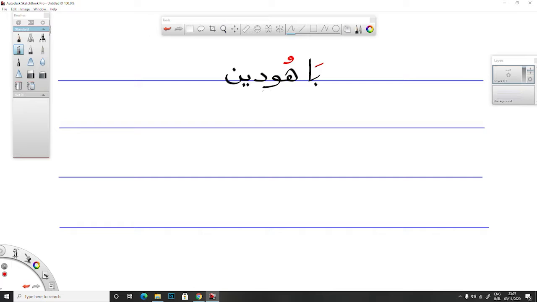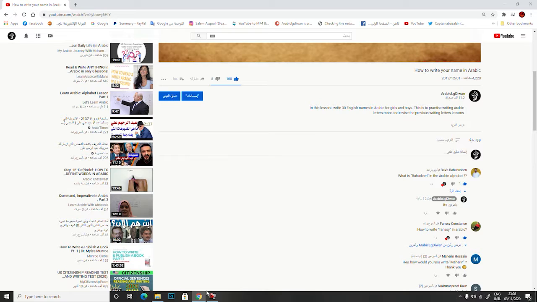We have another vowel, so we're not gonna write tashkil on the top of it. Bahu, Din. Ya is another vowel. Bahudin, in we'll have sukun on the top of it. So this is Bahudin.